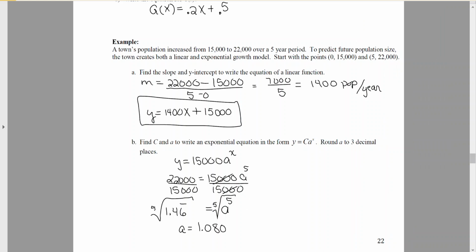Then I can go back to my function, or my equation here, and plug in the a. So it's y equals 15,000 times 1.080 to the x. And that's the exponential equation.